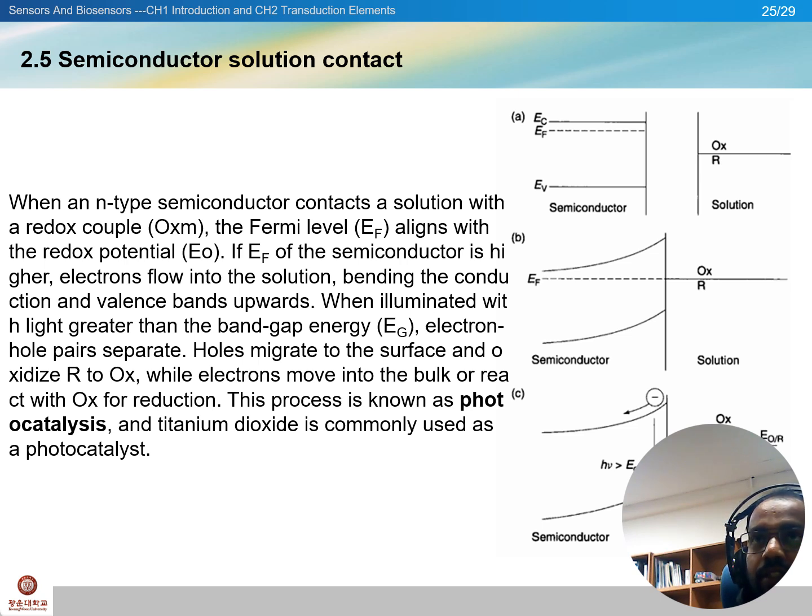Semiconductor solution contact. When an N-type semiconductor contacts a solution with a redox reaction, the Fermi level aligns with the redox potential. If the Fermi level of the semiconductor is higher, electrons flow into the solution, bending the conduction and valence bands upward.